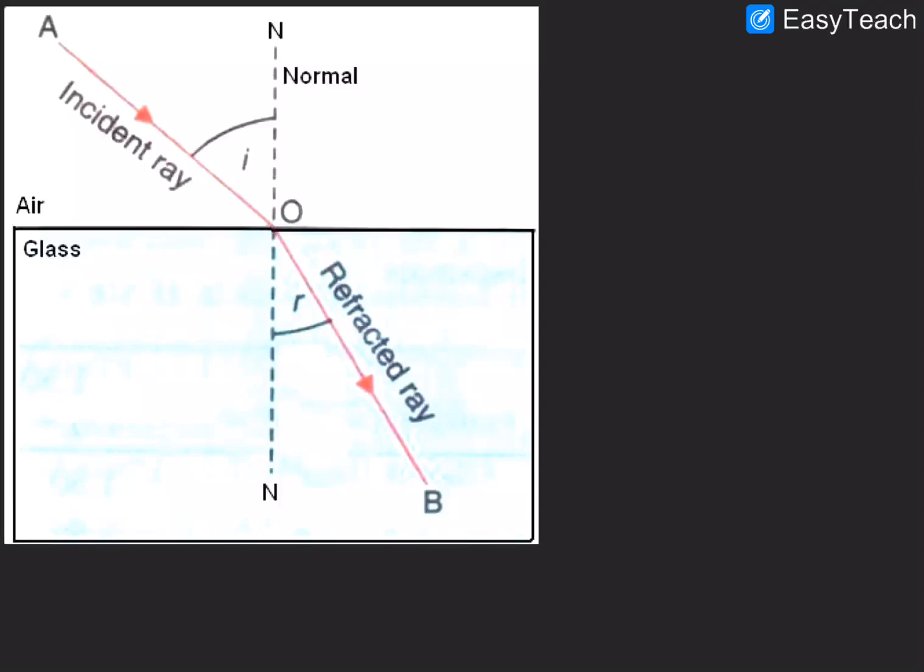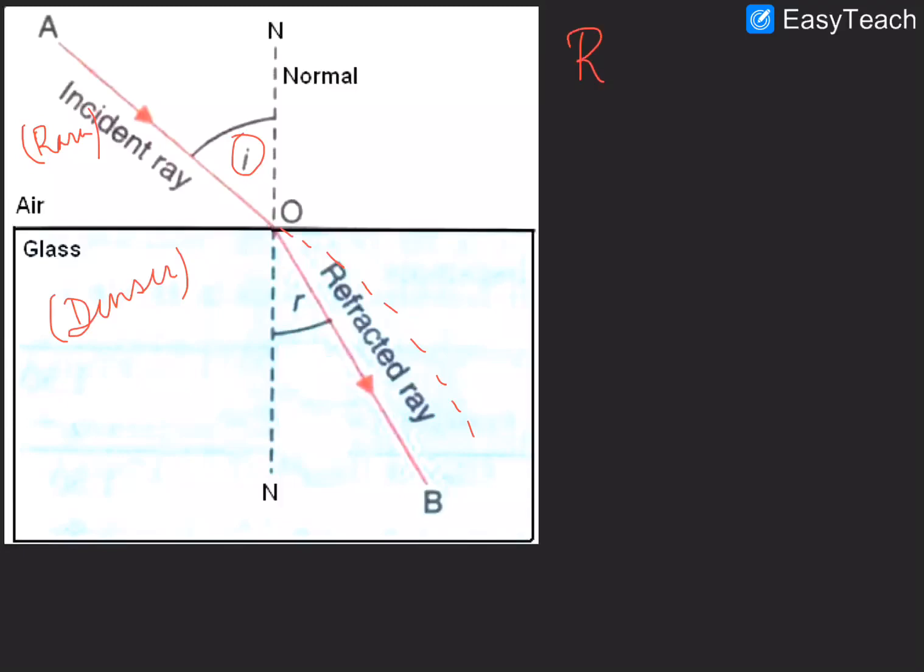In this diagram, you can see a ray of light traveling from air. Air is a rarer medium and glass is a denser medium. The light is falling at an angle known as the angle of incidence. We have drawn a normal also. If there were no medium, this ray should have gone straight, but because of this medium it has bent towards the normal.